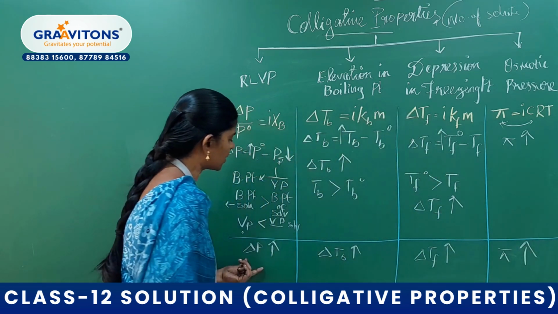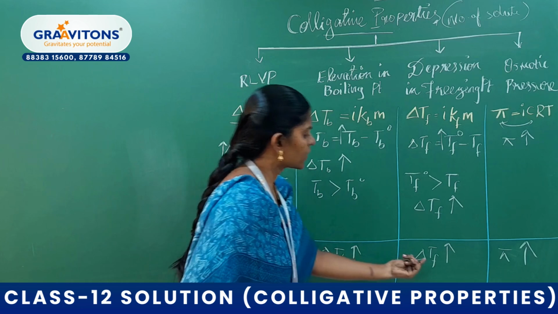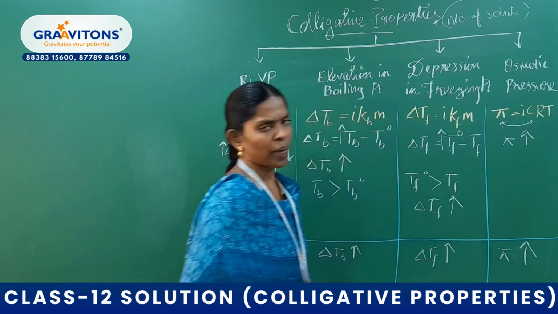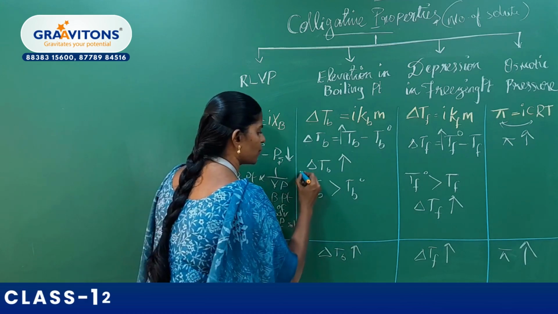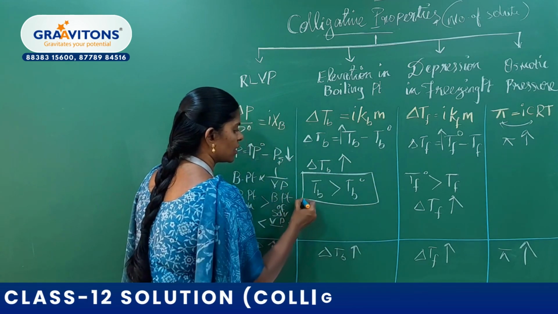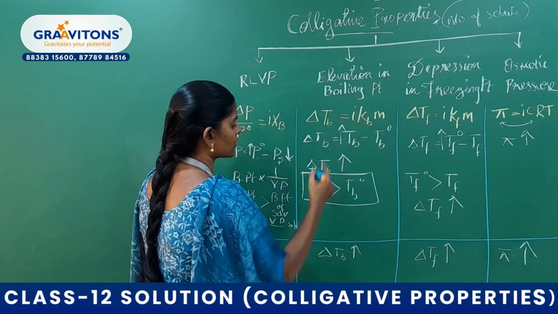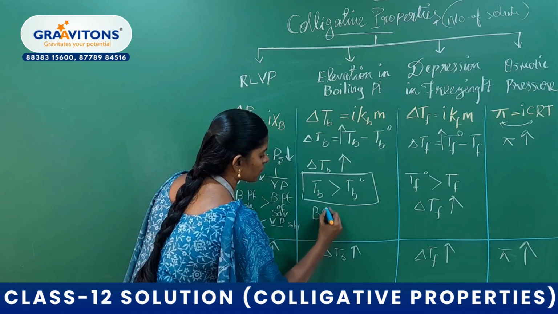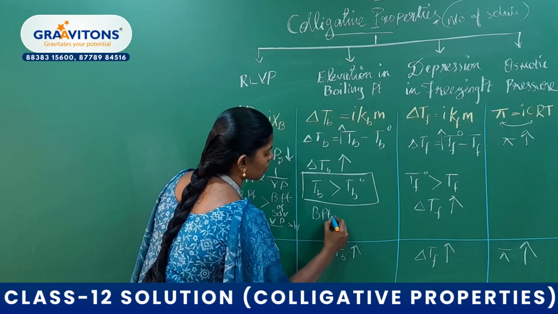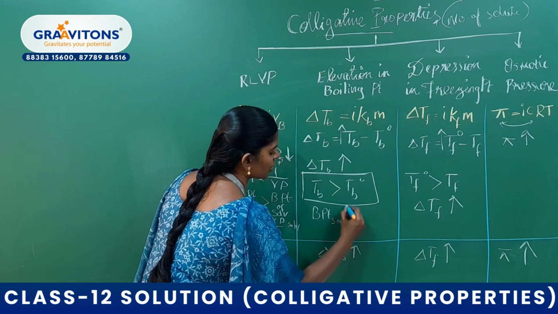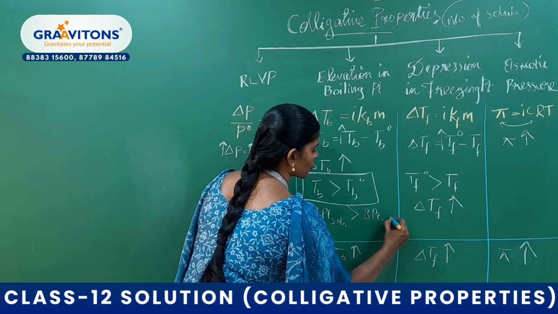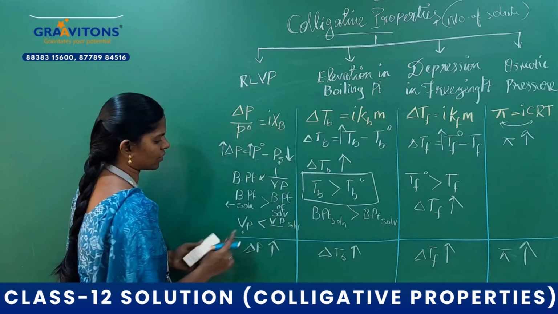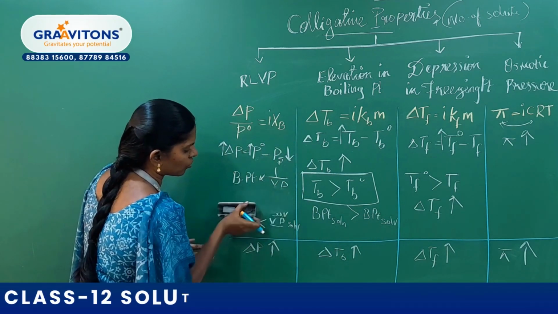All of these, delta P, delta TB, delta TF and pi, increase. Also, when the number of solute particles increases, the boiling point of solution is greater than the boiling point of solvent. Don't forget this.